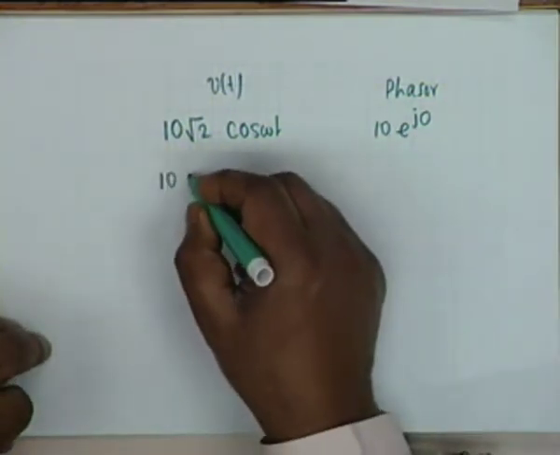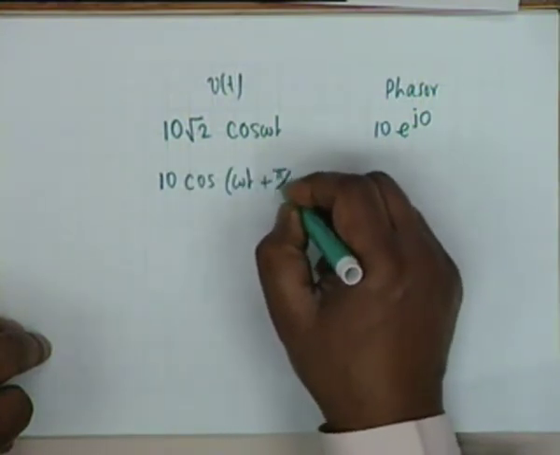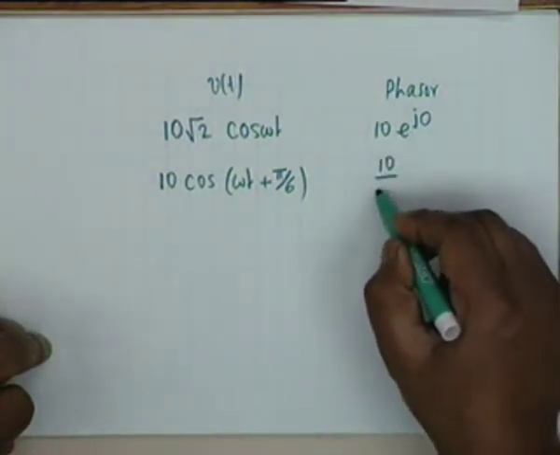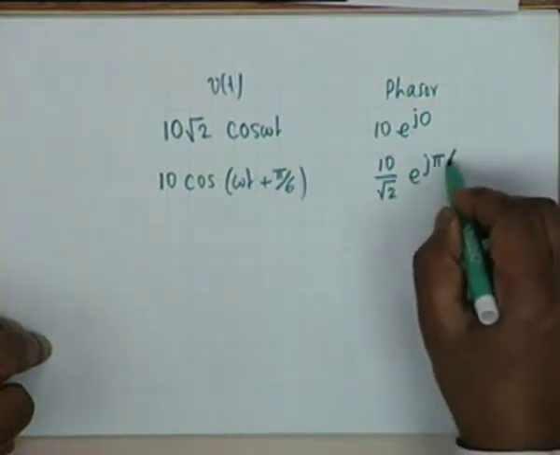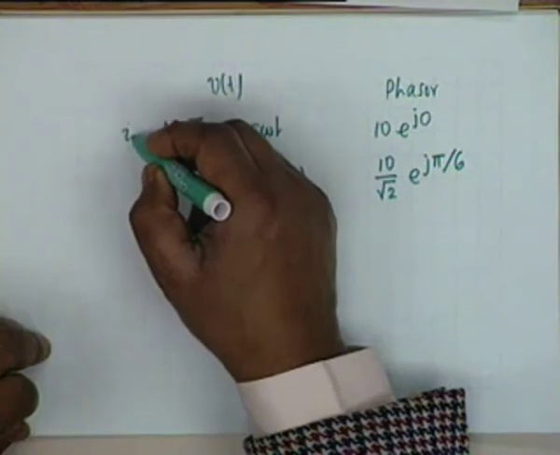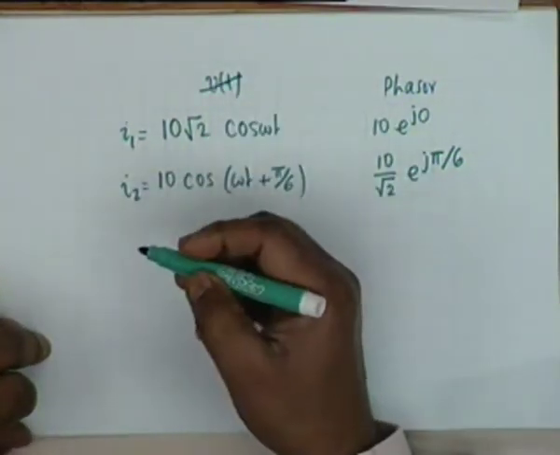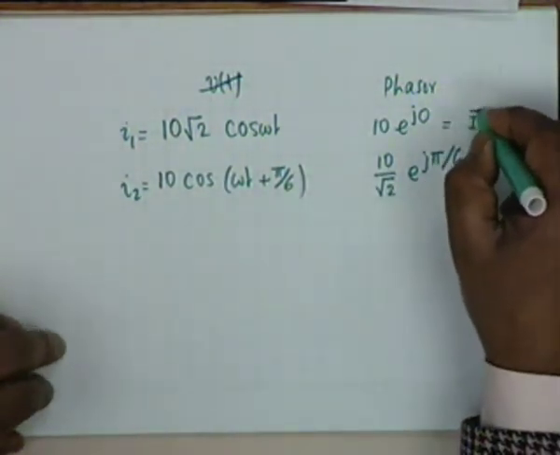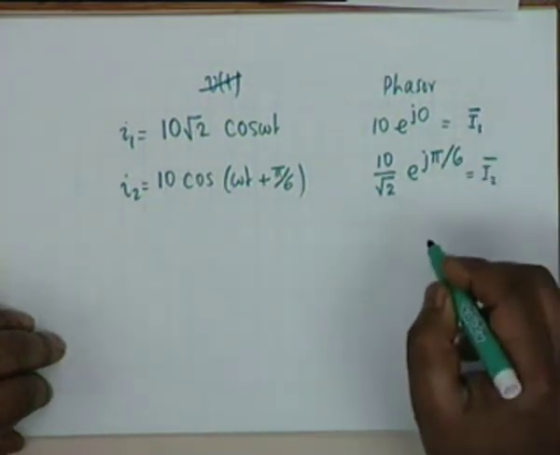If we have, let's say, 10 cosine(omega t plus pi by 6), then its phasor representation would be 10 by root 2 e to the power j pi by 6. This is its phasor. If I call this, let's say, I_1, let's say these are currents to bring variety into the experience, then we shall represent this as I_1 bar, and this as I_2 bar.